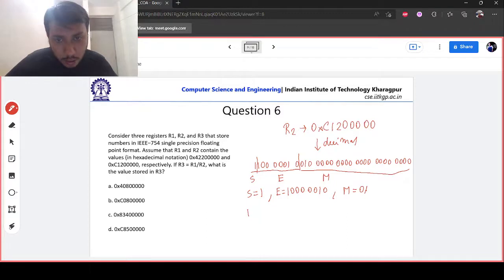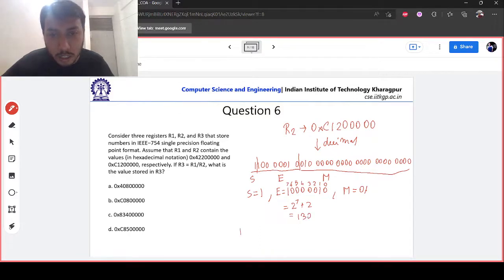So what is the corresponding fraction? If we calculate E, what will be the E value? 0, 1, 2, 3, 4, 5, 6, 7. That is 2 to the power of 7 plus 2. That is 128 plus 2. That is 130.